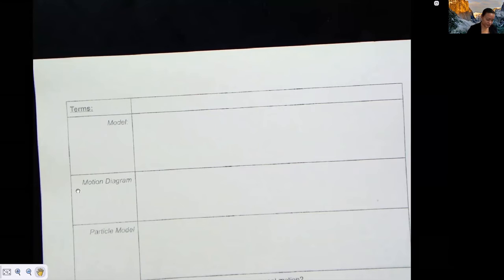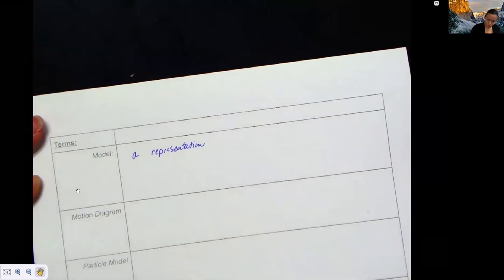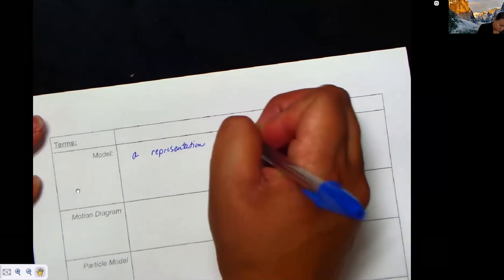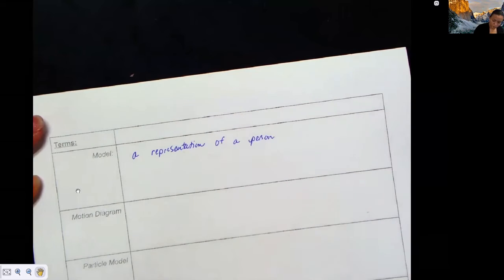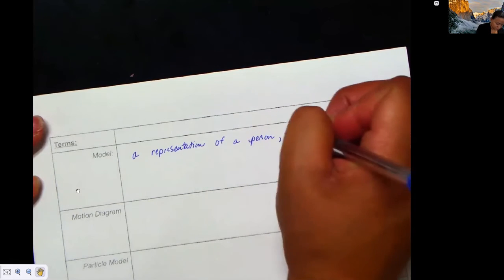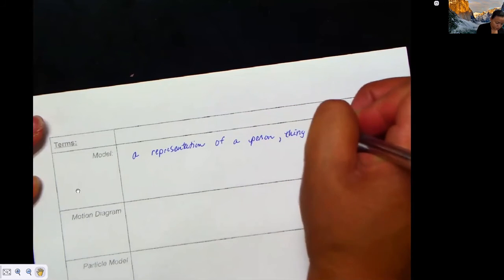A model is a representation of a person, thing, or proposed structure.